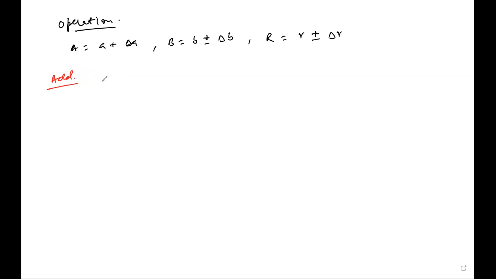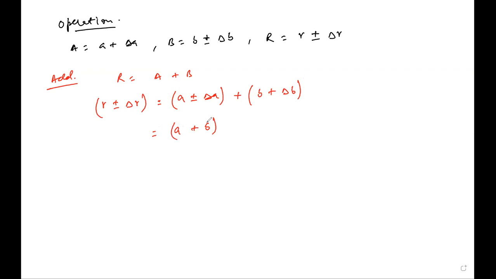So now, if you add these two terms, and if you put the values of all these terms and rearrange them, you will get true value to one side and error to the other part.